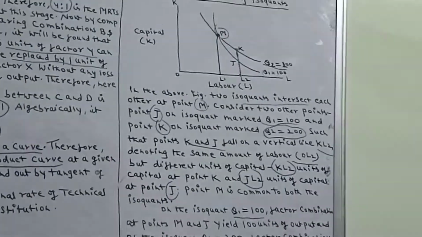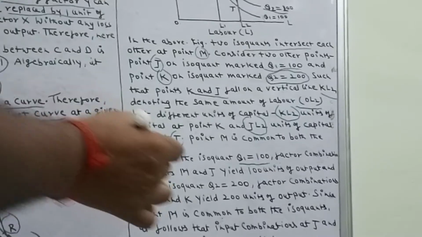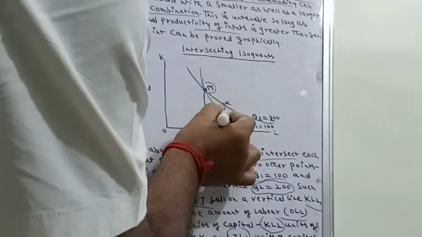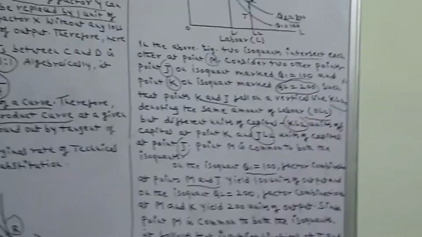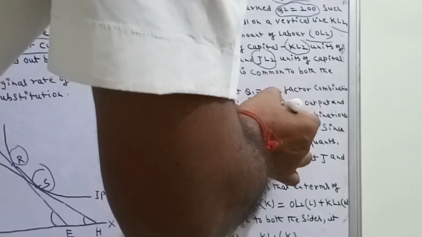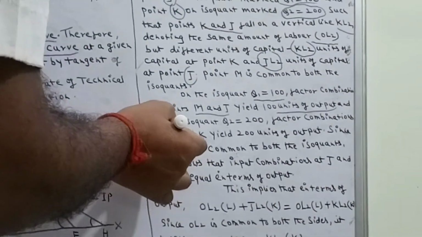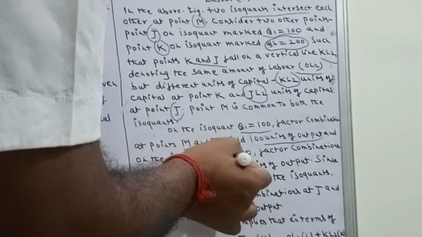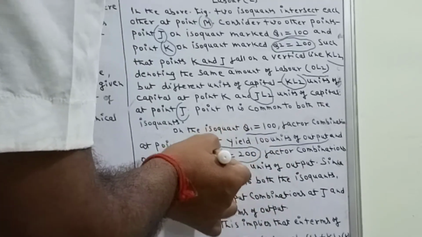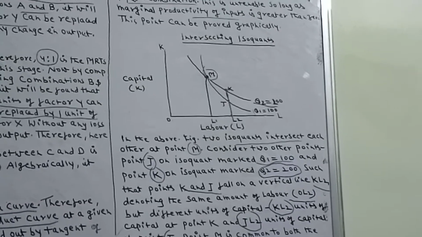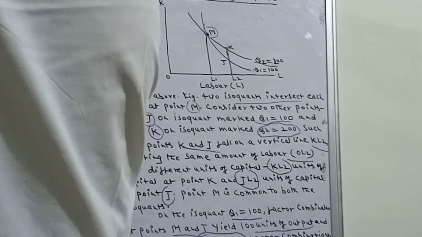On the isoquant Q1 equal to 100, the factor combinations at points M and J yield 100 units of output, and on the isoquant Q2 equal to 200, the factor combinations at M and K yield 200 units of output.